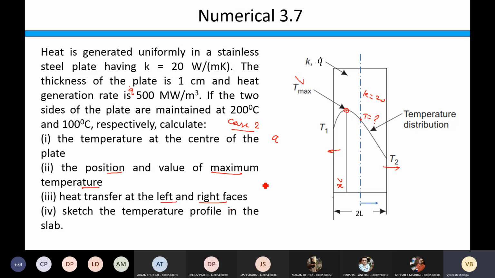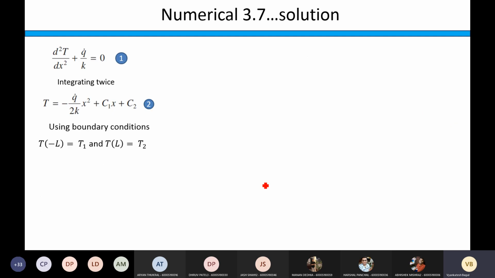So with this given data, how will you solve the case of a slab with internal heat generation and two different temperatures on the left and right sides? This is known to us. You know the temperature distribution like this.